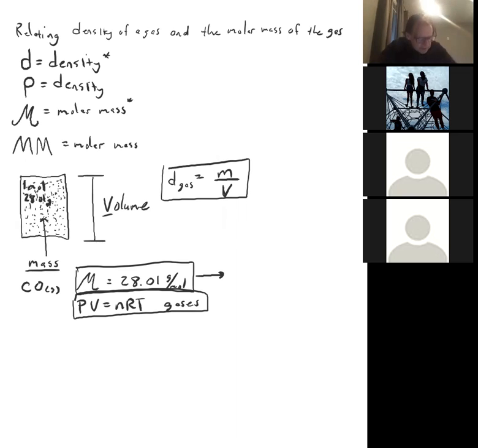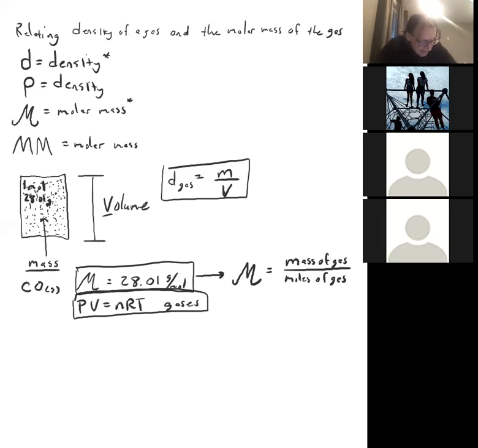But the molar mass is really, more broadly speaking, the mass of a substance divided by the number of moles of the substance, right? That's what it is, really. It's just the mass over the moles.